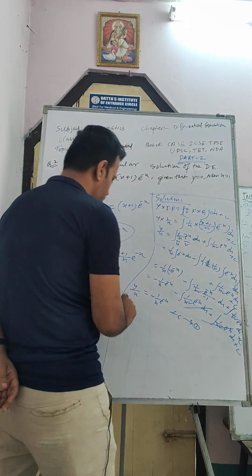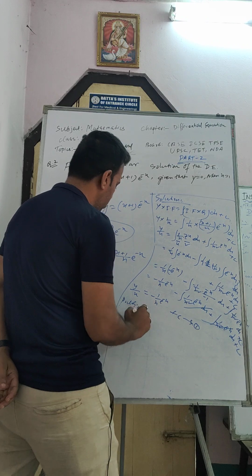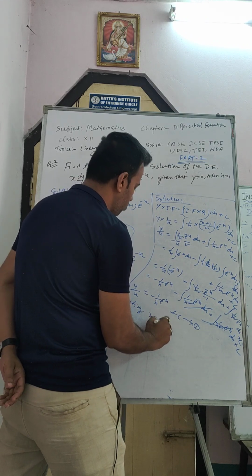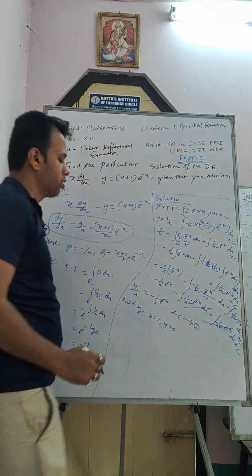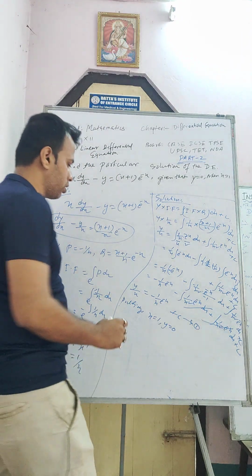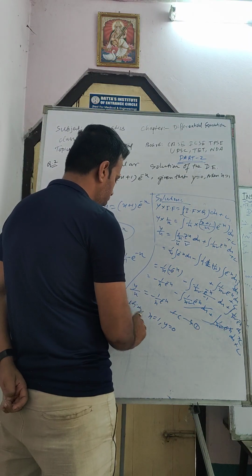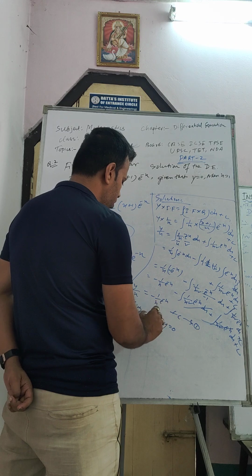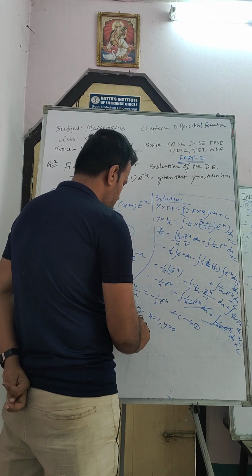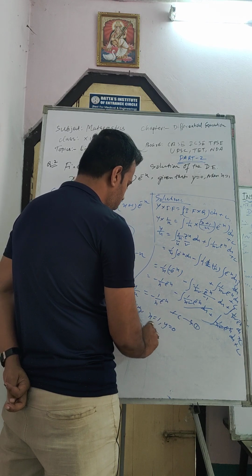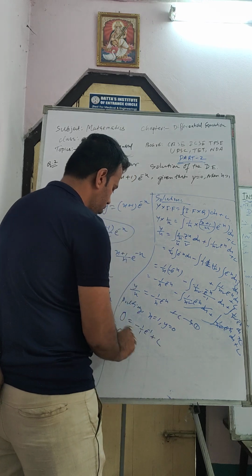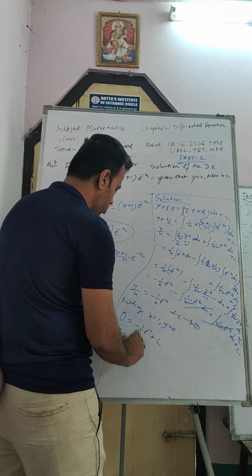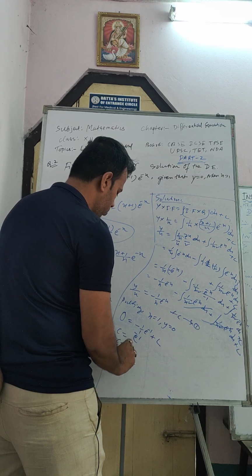Right, now putting x equal to 1 when y equal to 0. So on this side it will be 0, and here it will be minus 1 by 1 e to the power minus 1 plus c. So c equal to e to the power minus 1, so c equal to 1 by e.